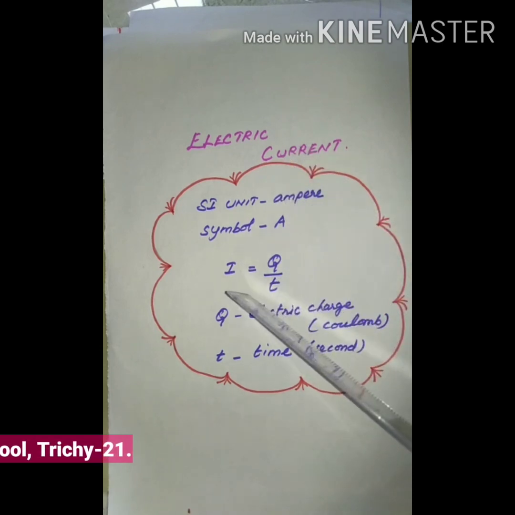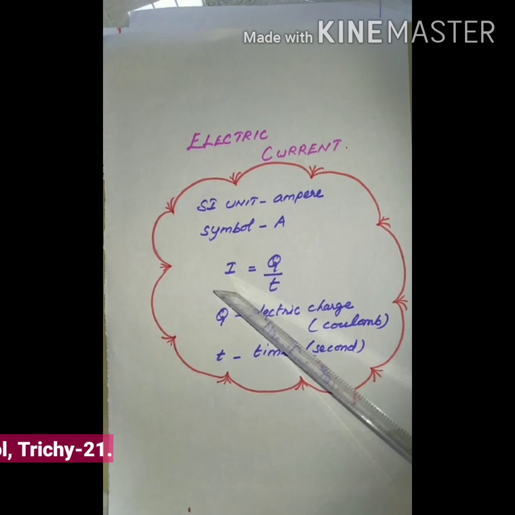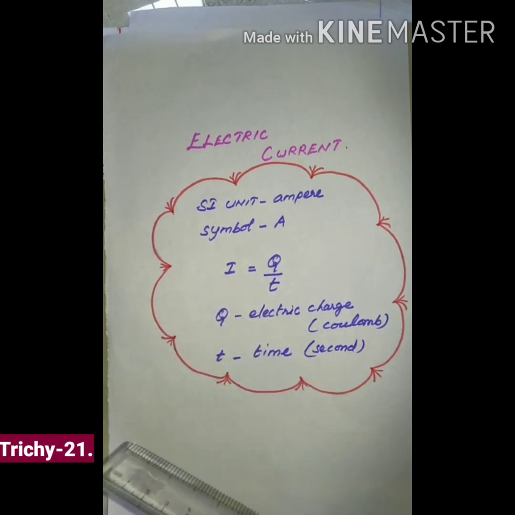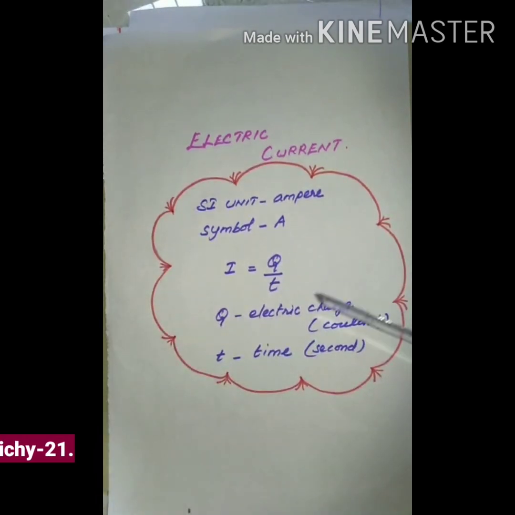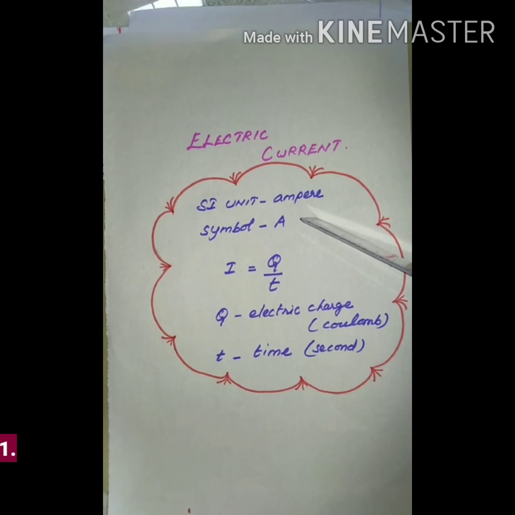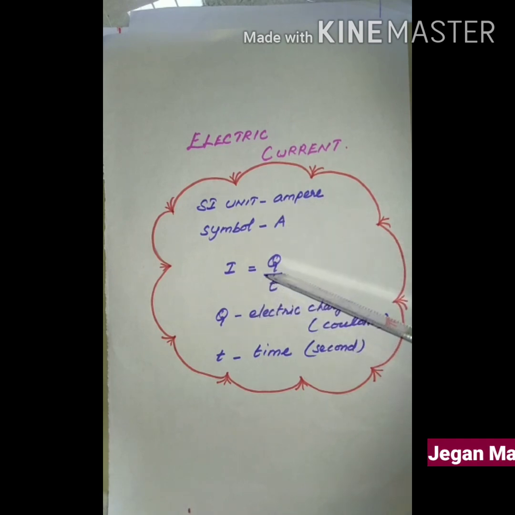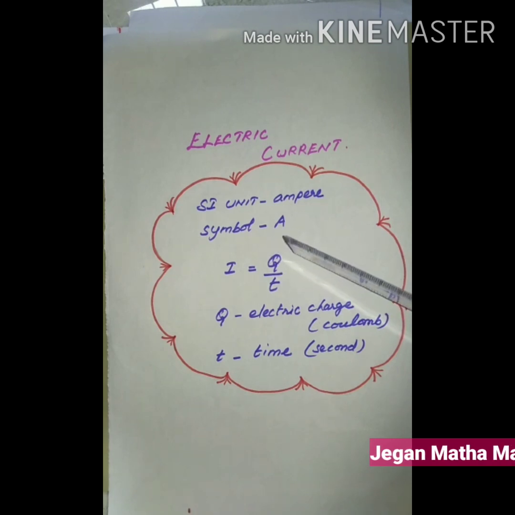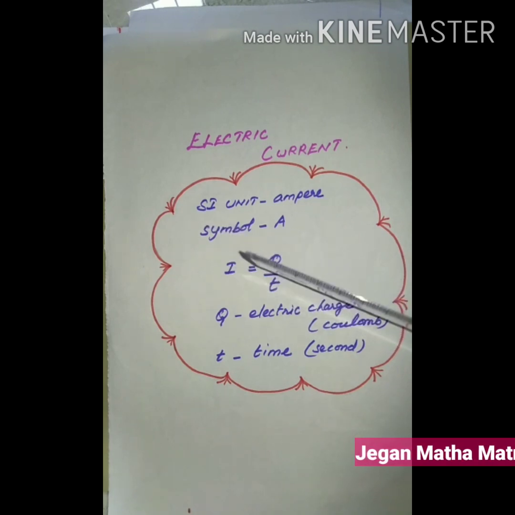That is known as electric current I. So the unit of electric current is ampere. 1 ampere is equal to 1 coulomb of charge moving in a conductor in 1 second. That is known as electric current.